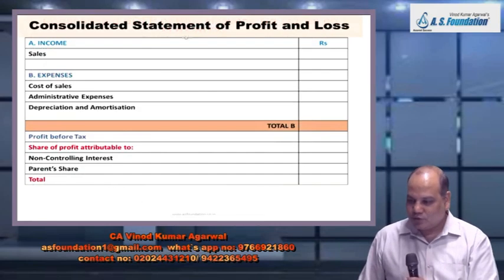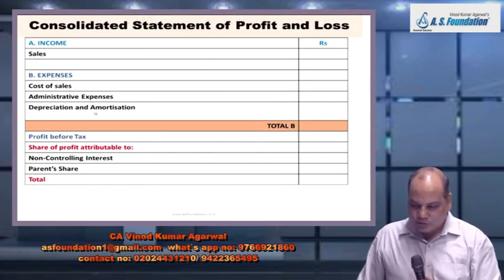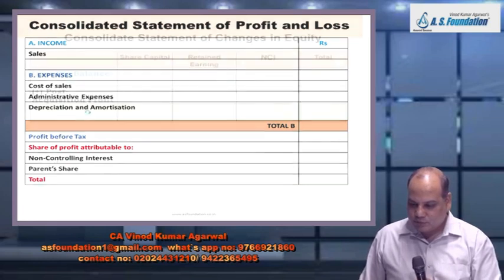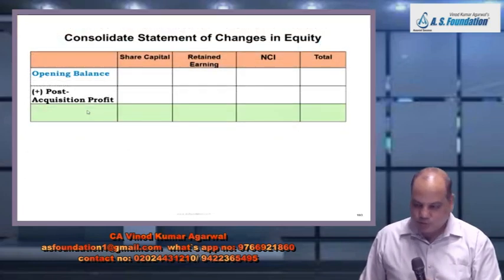Then we'll prepare consolidated statement of profit and loss. So in this question, what I have done, I have just kept the depreciation line separate. We will remove depreciation from administration expense and put it separately. If you can adjust in administration, that also it's okay.